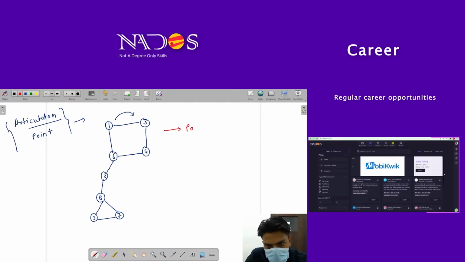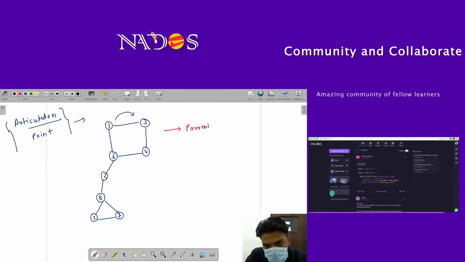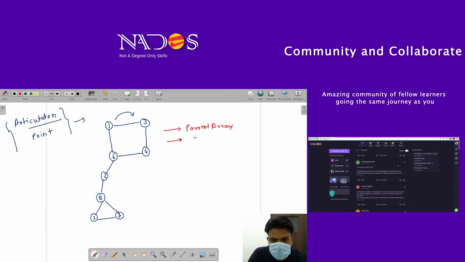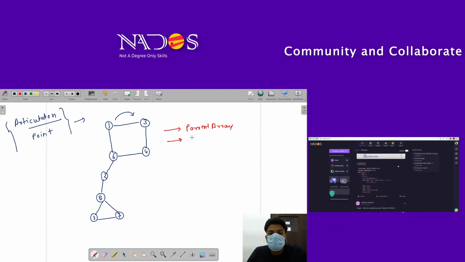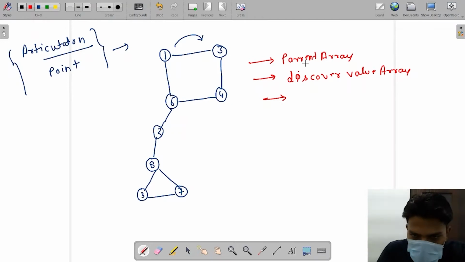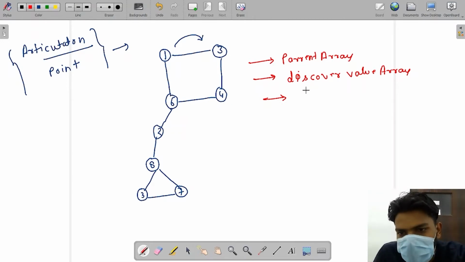First is the parent array. The second is the discover value array.